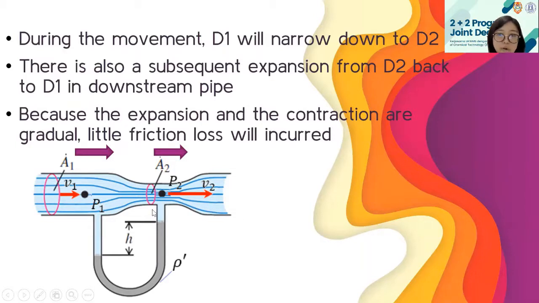It's not a direct expansion or a sudden contraction. It is gradual. There is a slope here, and a slope again here. So even though there is friction loss, only a little friction loss will occur.